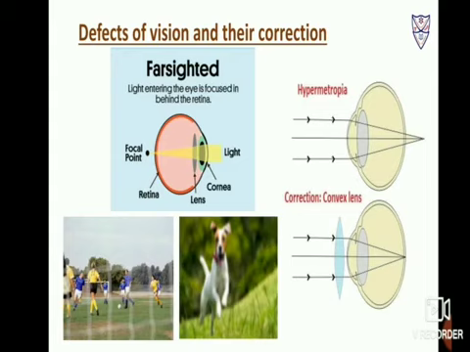In order to correct this hypermetropic eye, the person has to use spectacles with a convex lens. When he uses a convex lens, the image will fall on the retina, not behind the retina. If he uses a convex lens, he can see nearby objects.